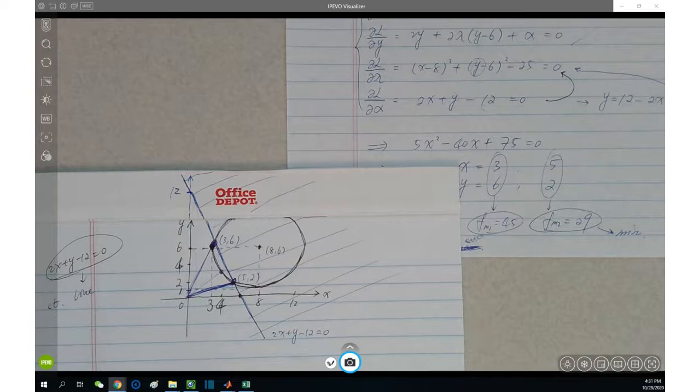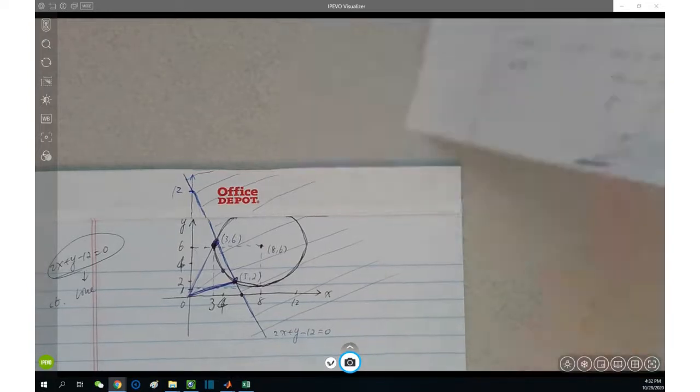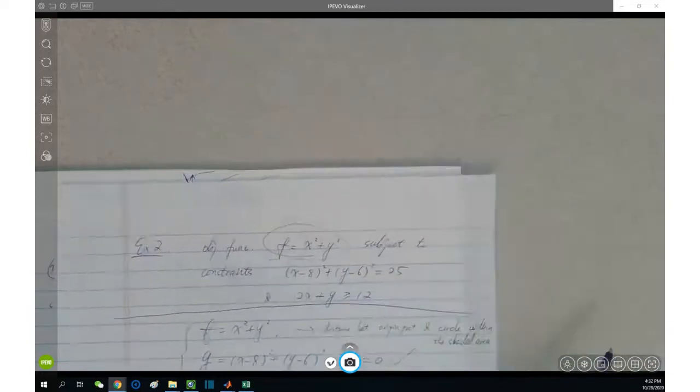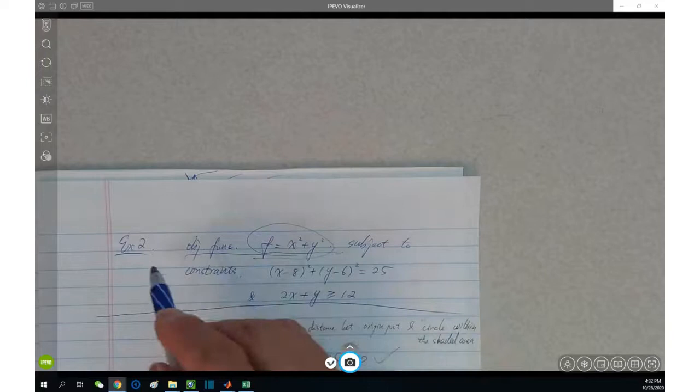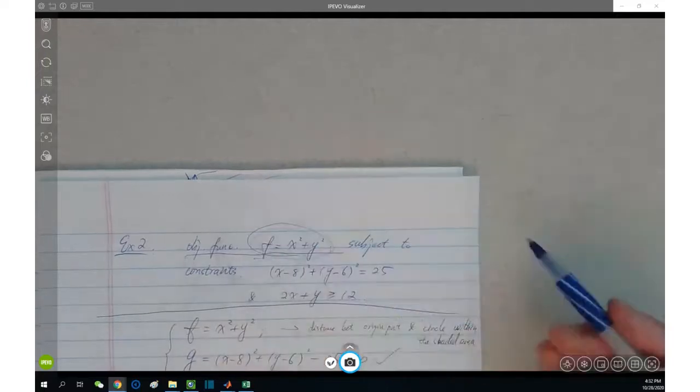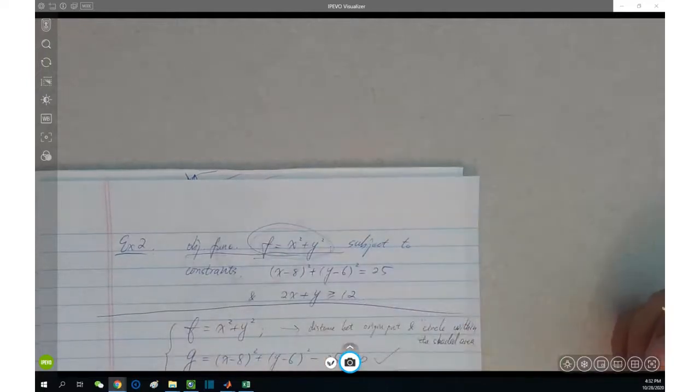Kevin is trying to explain actually, because don't forget, our specified objective function at the beginning is x squared plus y squared, rather than distance. Be very careful about which is the objective function. In this example, the objective function is not distance. It's x squared plus y squared.